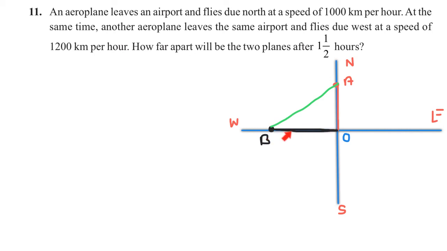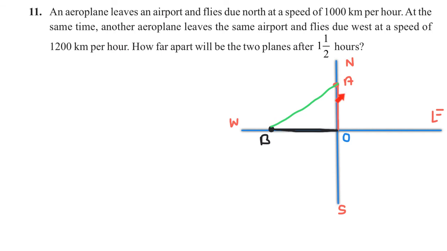How far apart will the two planes be after 1.5 hours? So we need to figure out the distance AB. First, let's find the distance OA and the distance OB. Plane A has traveled at a speed of 1000 kilometers per hour for 1.5 hours.